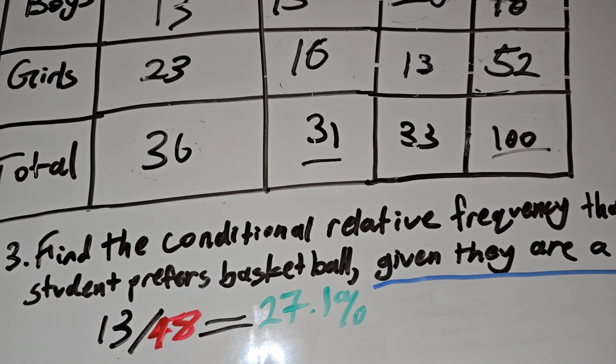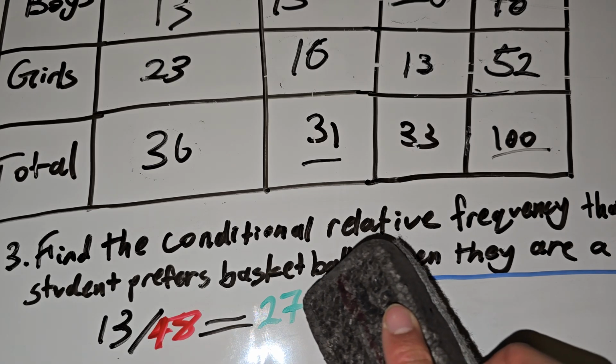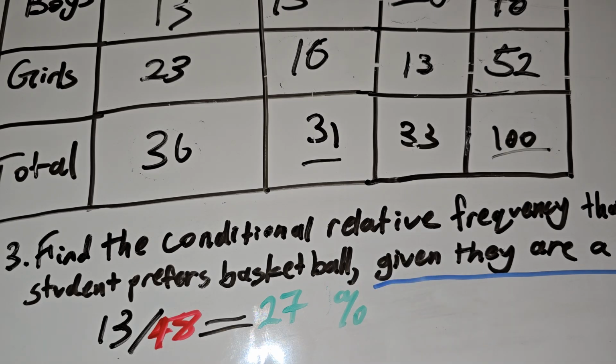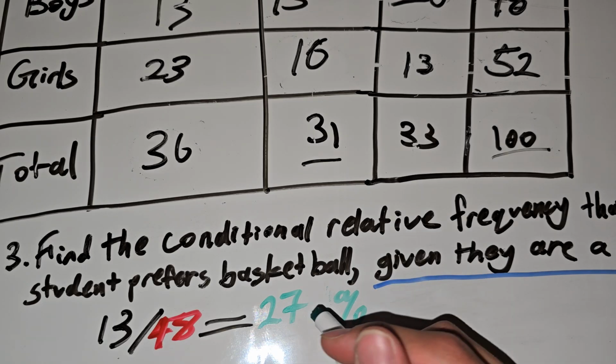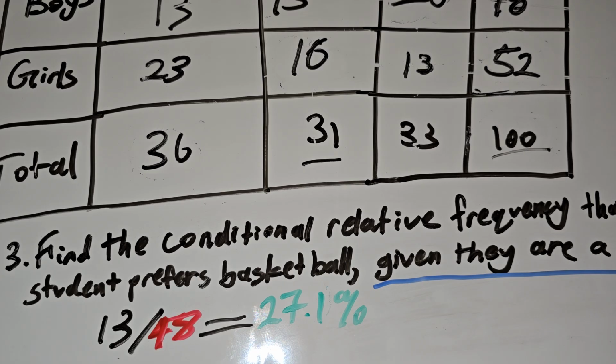Now, your teacher may want you to round it to the nearest whole number. Then that would just be 27%. And if that doesn't matter, then it will be 27.1%.